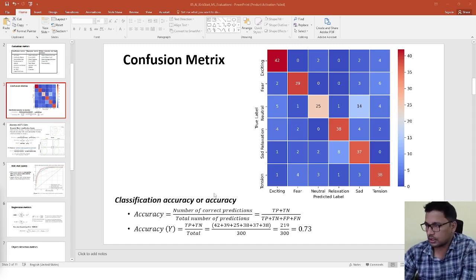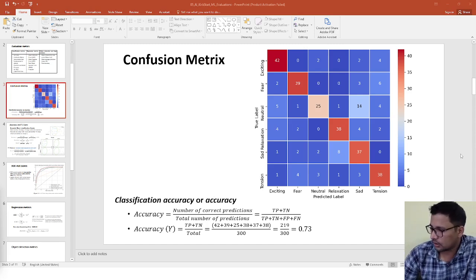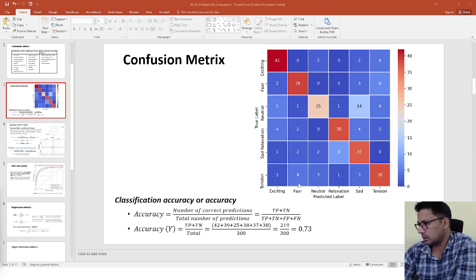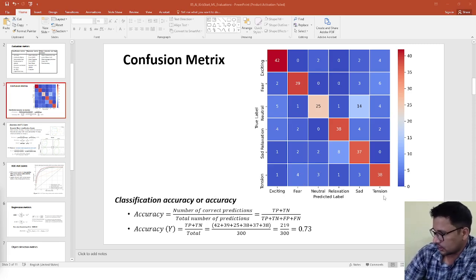Now let's start with the confusion matrix, and this is a metric for the classification problem. Here we have one confusion matrix with six classes, and our model is going to make predictions on the test data. This is the prediction result made by our model.